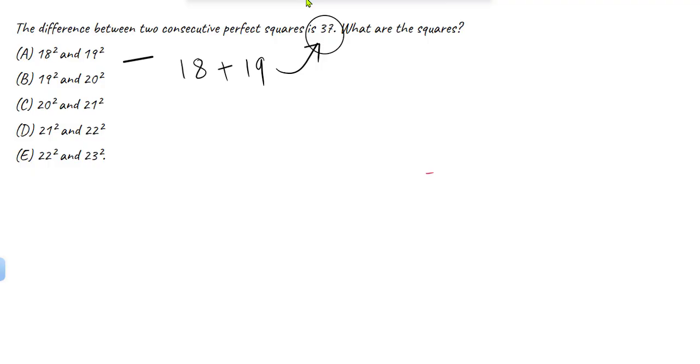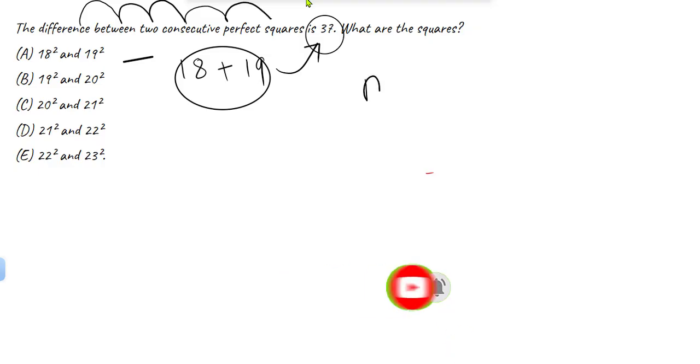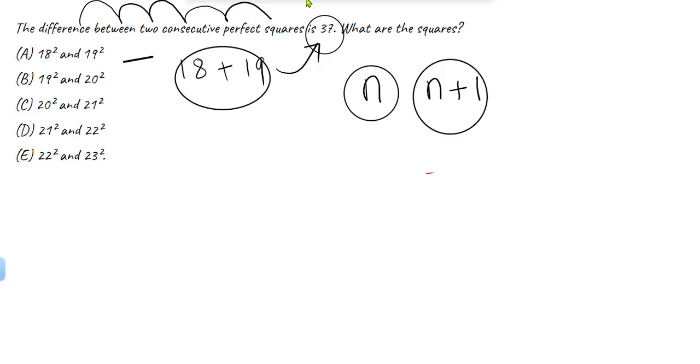Now, how can we say this is the answer? The difference is between two consecutive numbers, which are perfect squares. So let's suppose one number is n, the next number should be n plus 1, because these two numbers are consecutive, and the difference of the squares is 37.